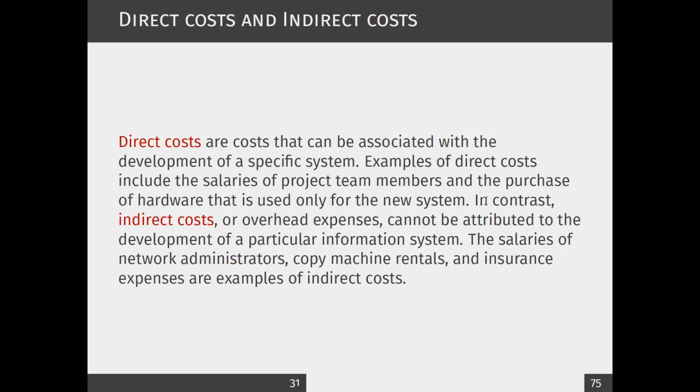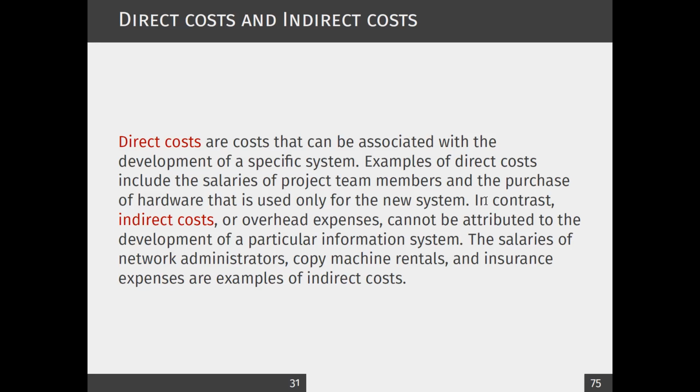Then we can discuss direct costs and indirect costs. Direct costs are associated with the development of a specific system. For example, the salaries of the project team members or purchasing hardware are direct costs.